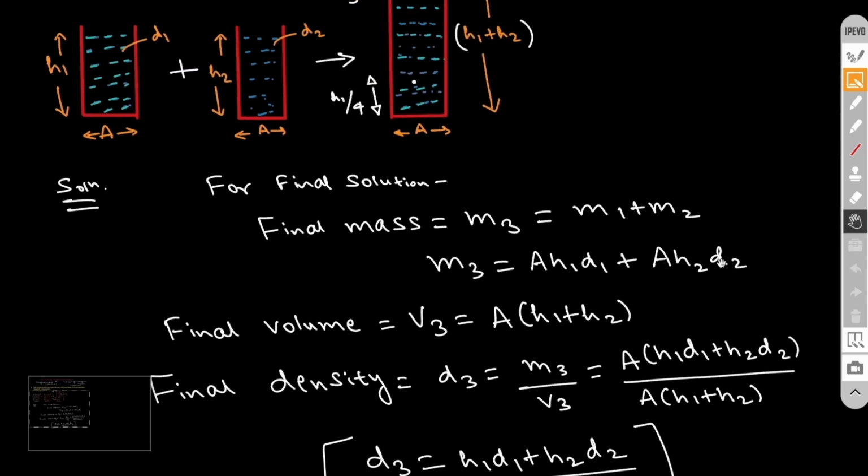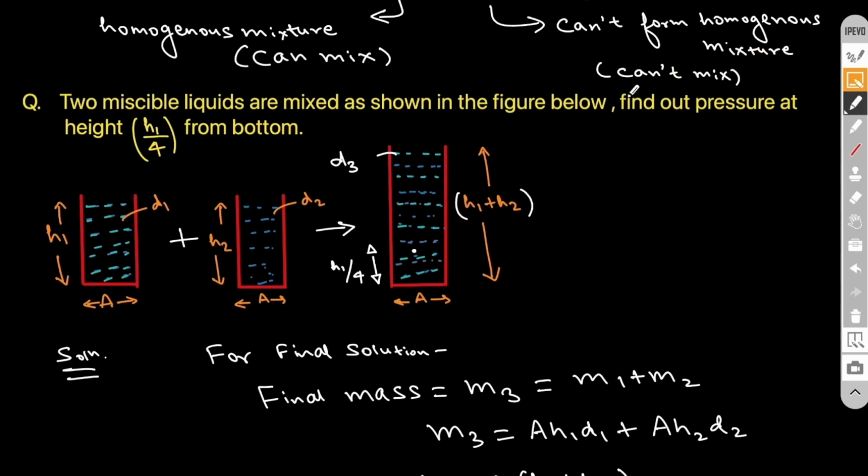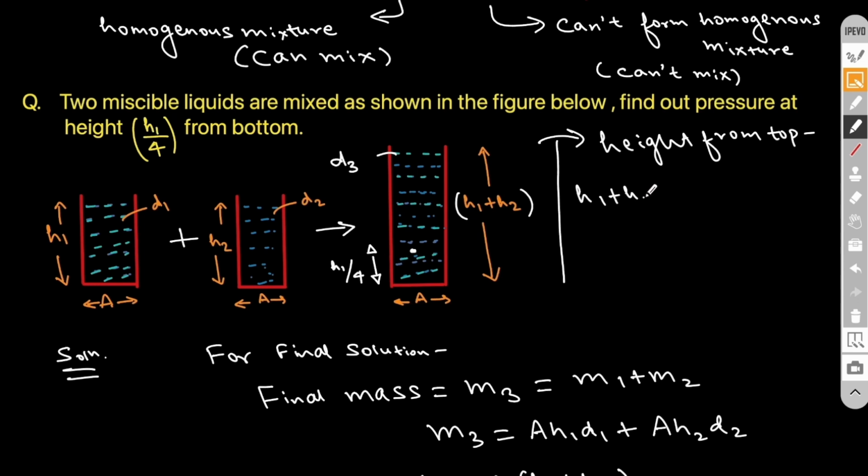Now we'll focus here. Find out the pressure at h1 by 4 from the bottom, right? So this is the point for which we have to find the pressure. So here we'll write that the height from top will be equal to h1 plus h2, which is the complete height, minus h1 by 4, which is the height from bottom.